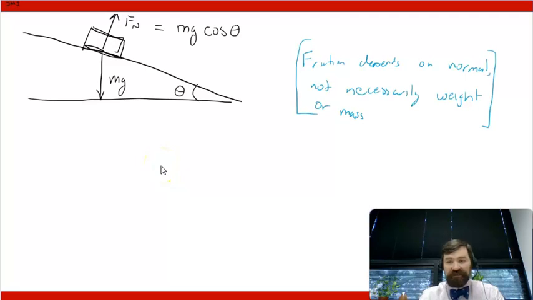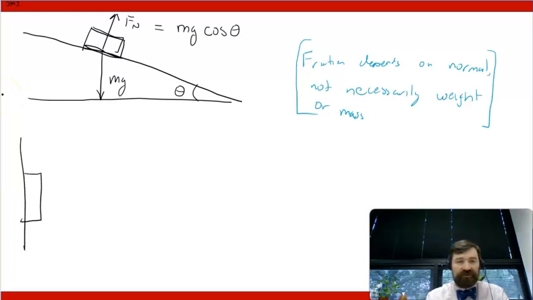We would find the same effect, by the way, if we were to put the object against a wall, let's say. So the object is here, and we press on it so that the normal force opposes our pressing.